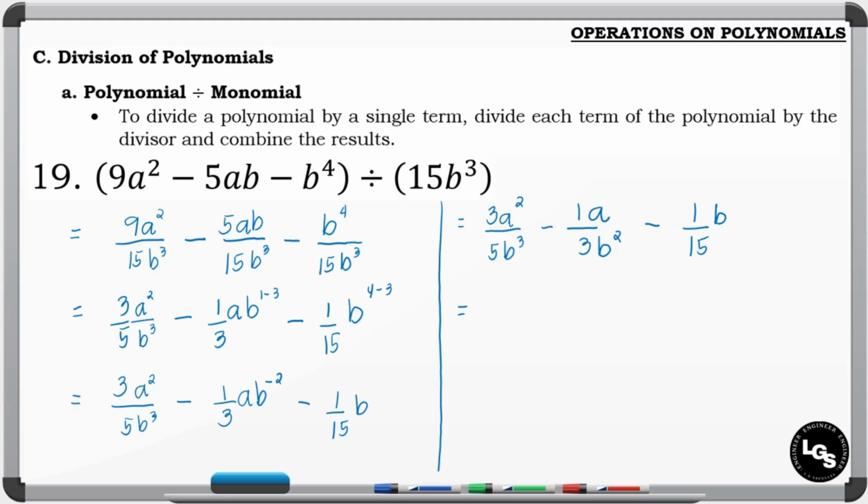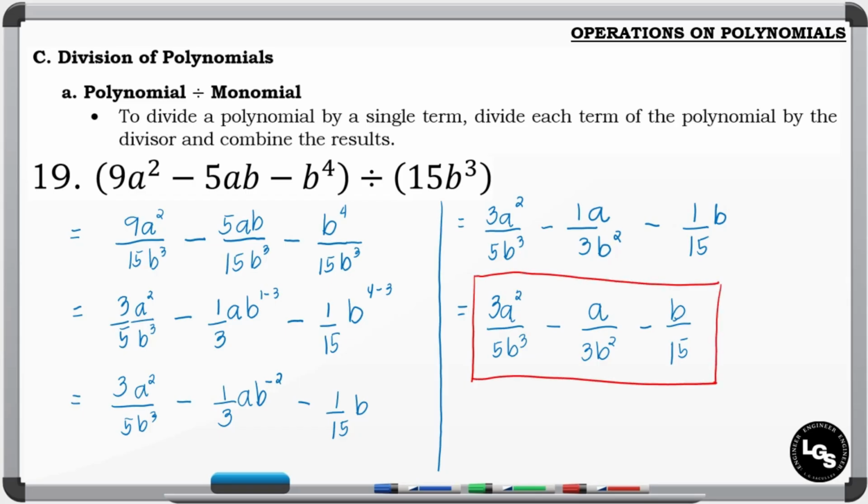So we can rewrite this in the form 3a squared over 5b cubed minus a over 3b squared minus b over 15. So this is now our final answer.